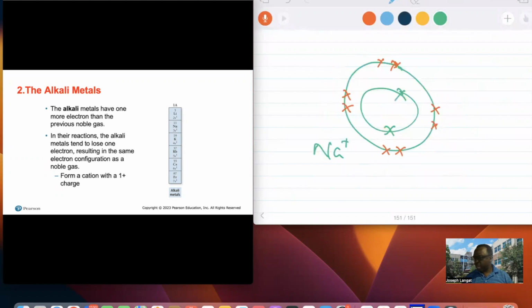But when it is an ion, a cation, we have 11 protons and 10 electrons, forming a charge of +1.